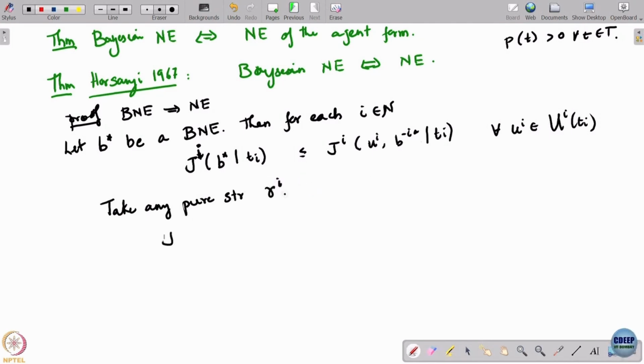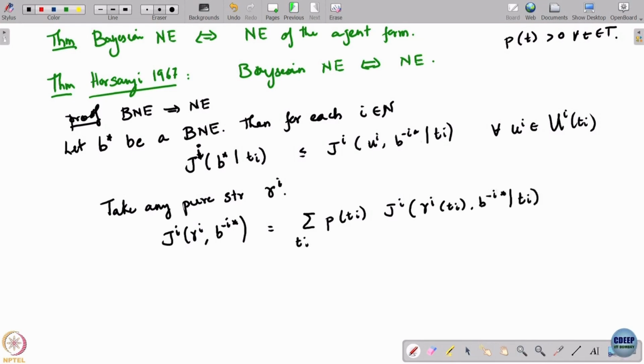Okay. Now, what is the payoff under that pure strategy gamma i while others play B minus i star, and this is the ex ante payoff, before the start of the game. So, what is this equal to? Now, does everyone see this?